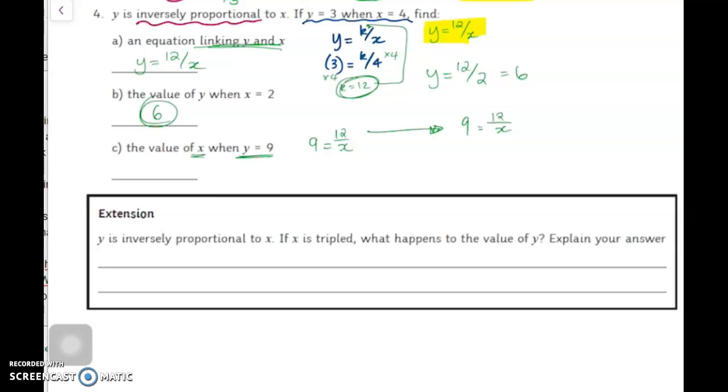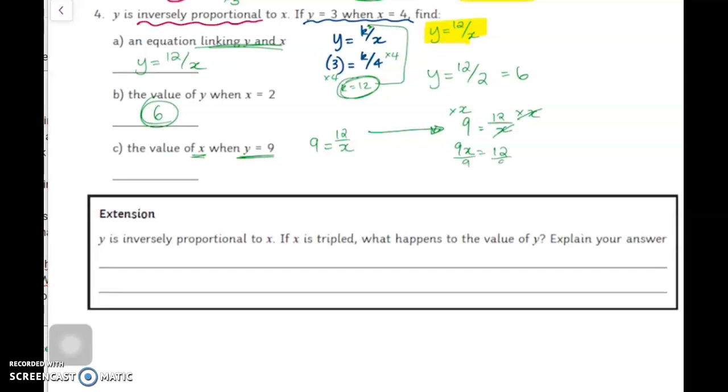So we're going to take this x in the bottom up to the top, and we can do that by multiplying both sides by x. Okay, because x would cancel out, and we get 12 on the side. On the left-hand side, we have 9 times x, which is 9x. All right, and then we can find out what x is by dividing both sides by 9, and that will give us 12 over 9.